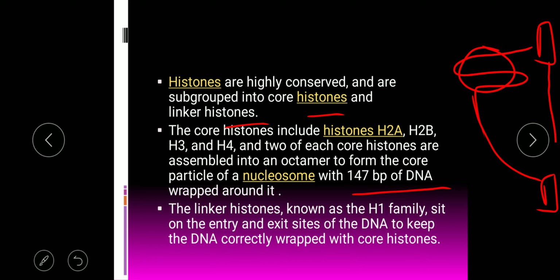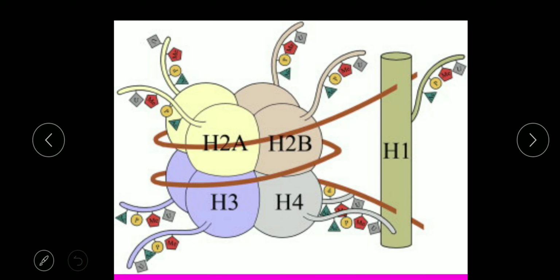So this linker will help to maintain the entry and exit sites of DNA and keep the DNA correctly wrapped around the histone protein, just like this. So the linker is attached at the entry and exit points so that there will be correct wrapping of DNA around the histone octamer.